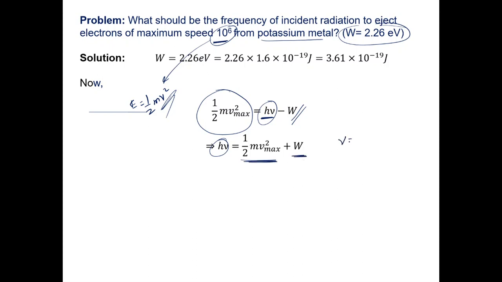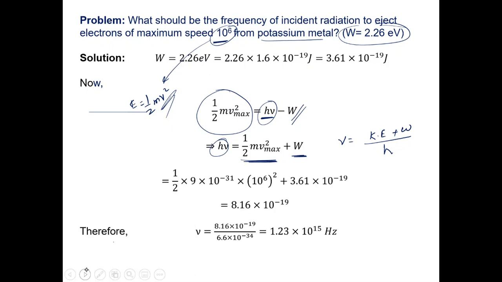So nu is the kinetic energy plus the work function divided by Planck constant. We rearrange everything and put it into this equation, and you get nu equals 1.23 into 10 to the power 15 hertz.